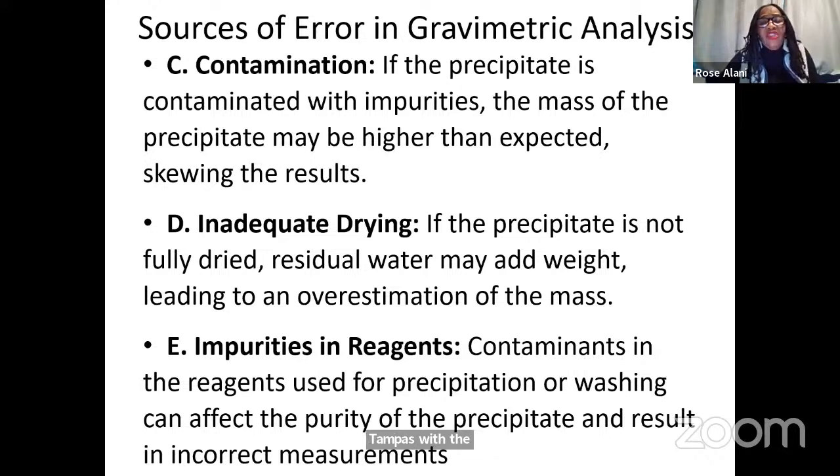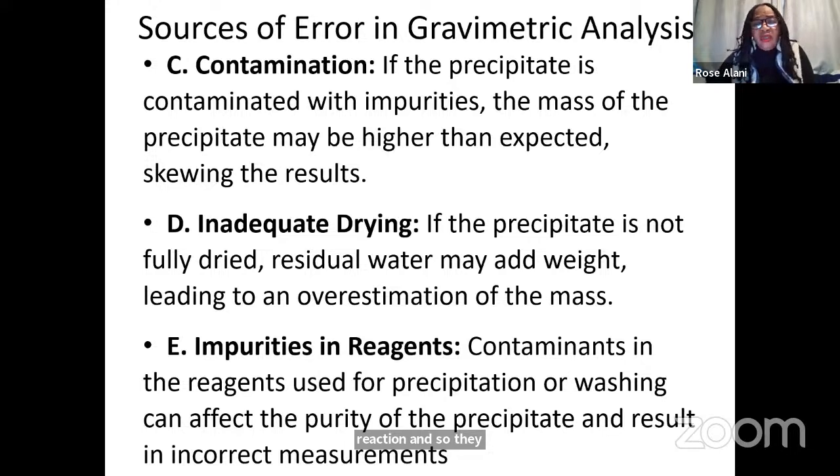Another one is inadequate drying. If the precipitate is not fully dried, you still have some residual water, so it will add to the weight, leading to overestimation of the mass. And then another source of error is impurities in the reagent. Say you have your silver nitrate and it's very impure, then you introduce that impurity into the reaction, and so the precipitate itself gets contaminated.